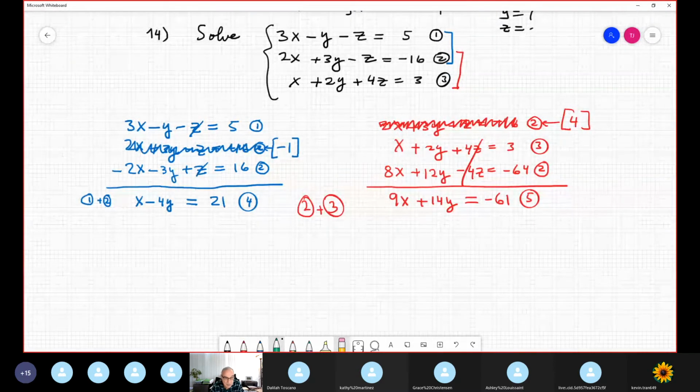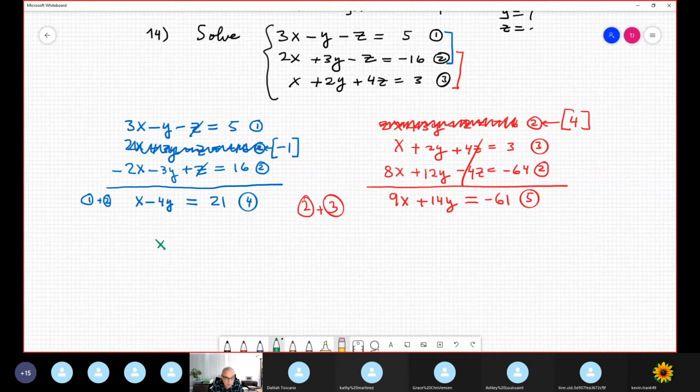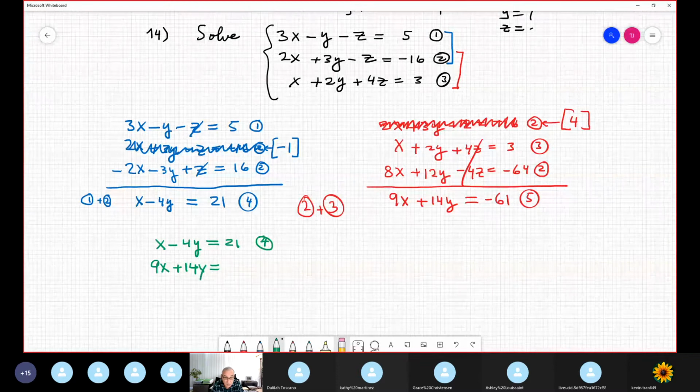I copy again. This is the last step. x minus 4y equals 21, equation 4, and 9x plus 14x, no, y, sorry, 9x plus 14y equals minus 61, equation 5.